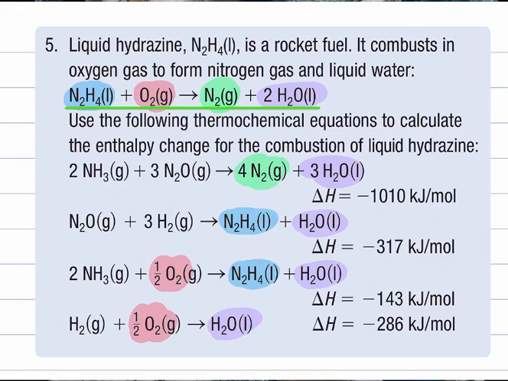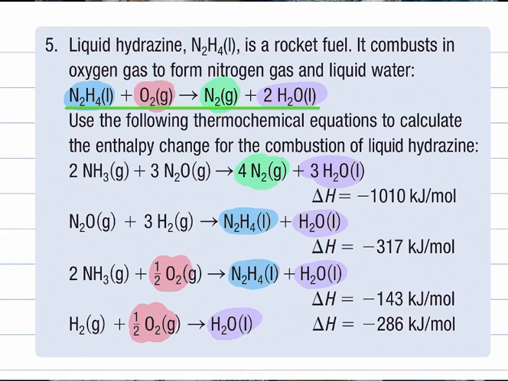In our target equation, we need to have one nitrogen, but the thermochemical equation that we have at the end has 4 nitrogens. Now you could multiply by 1/4, or divide that equation by 4, but you're going to end up with a whole lot of fractions, and you probably don't want to deal with those. We can save it to the end, and we can divide by 4 at the end, and hopefully avoid as many fractions as we can.